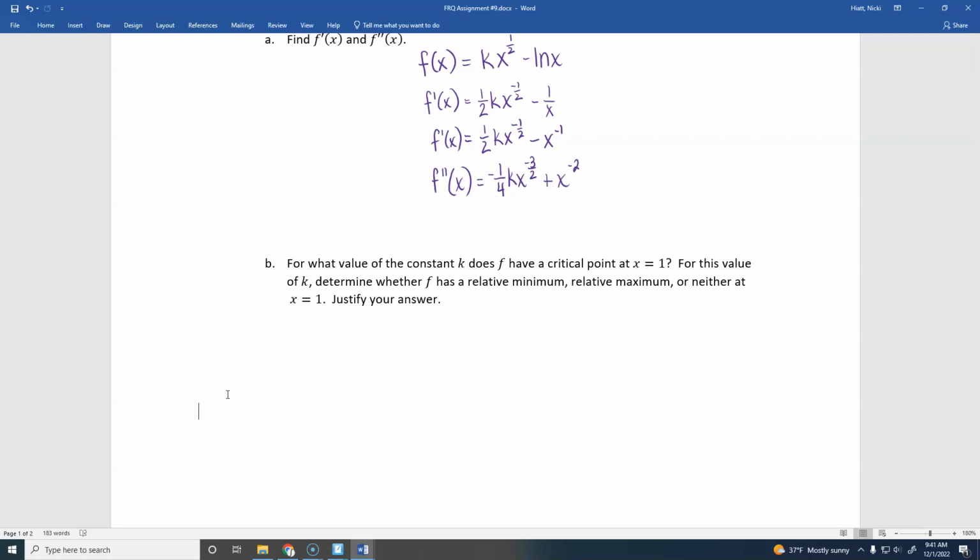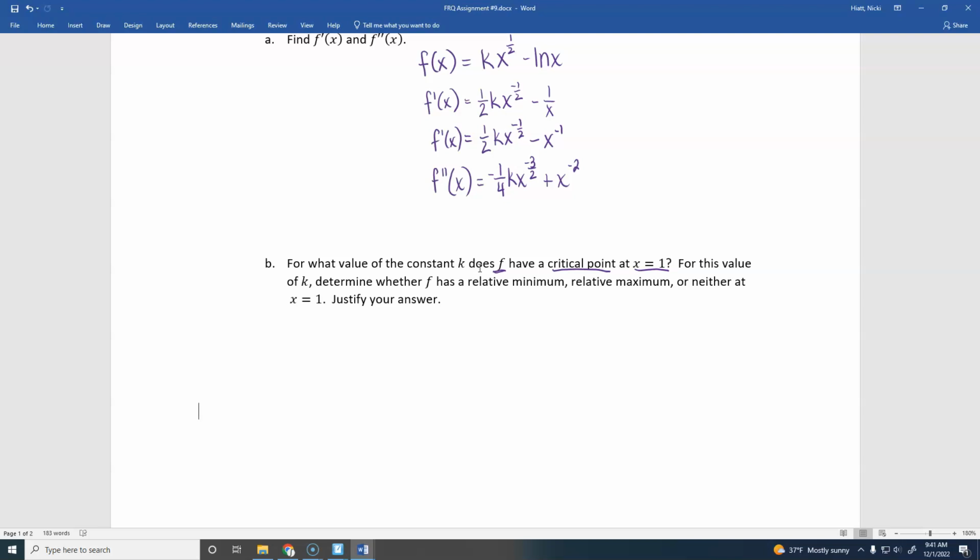It says, for what value of the constant k does f have a critical point at x equals 1? For this value of k, determine whether f has a relative minimum, relative maximum, or neither at x equals 1, and justify your answer. All right, so there's a lot of things you have to reason through here. So we're looking where f has a critical point at x equals 1.